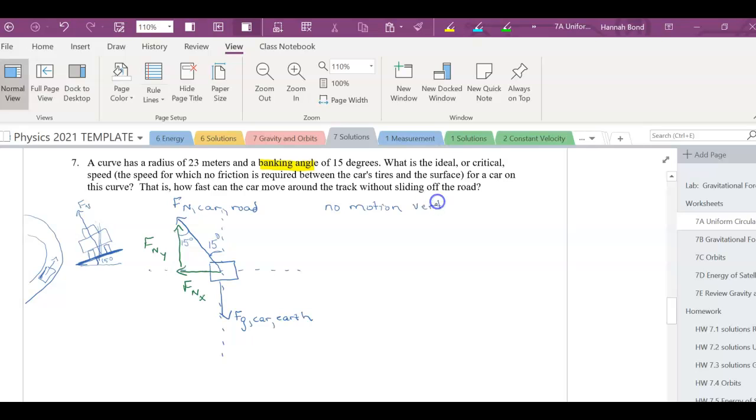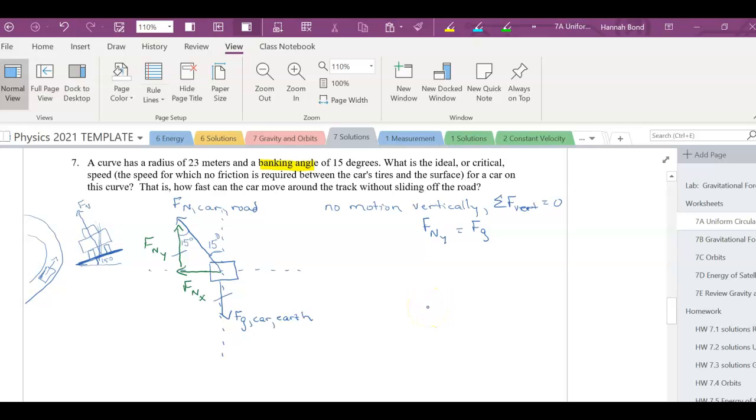And that means that the net force in the vertical direction equals 0. So F_ny is equal to the gravitational force on the car. Those two forces are balancing each other out.